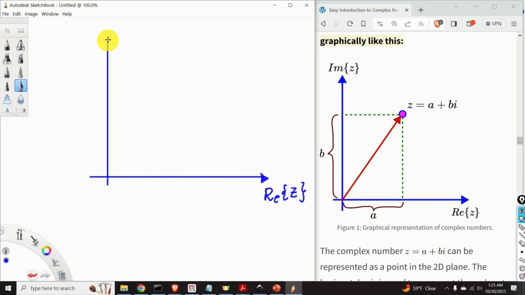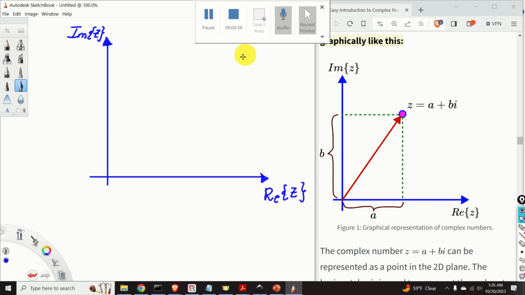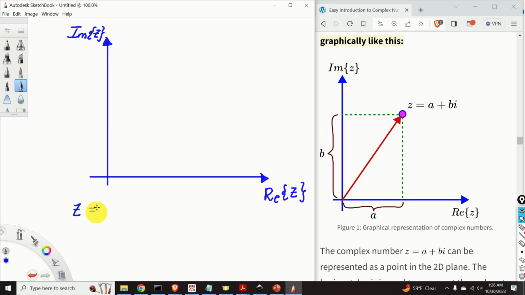The imaginary axis will be used to denote the imaginary parts of complex numbers. Then, we know that a complex number has this form: z is equal to a plus bi.